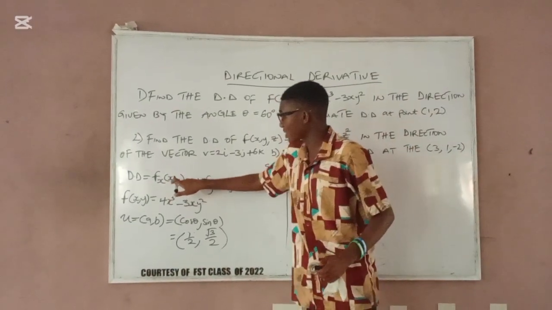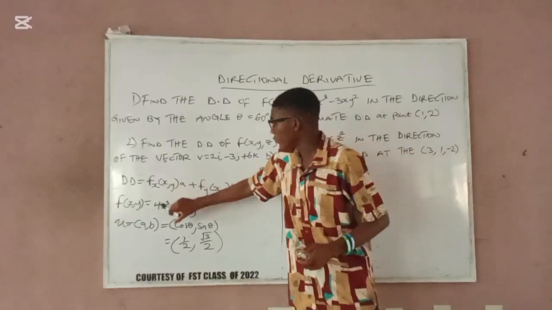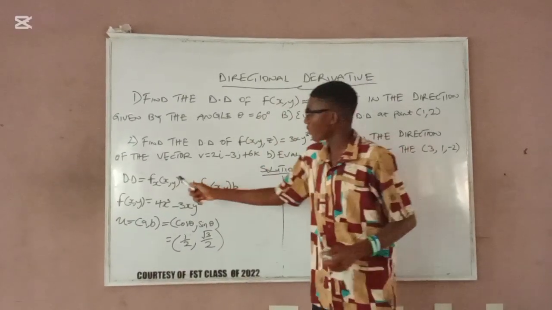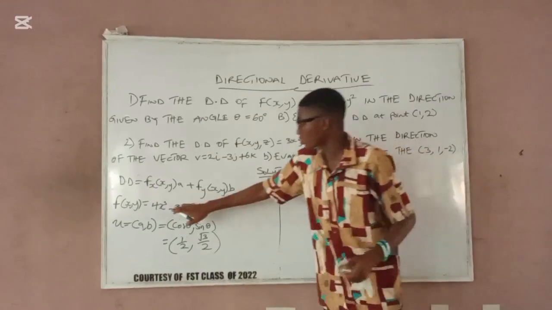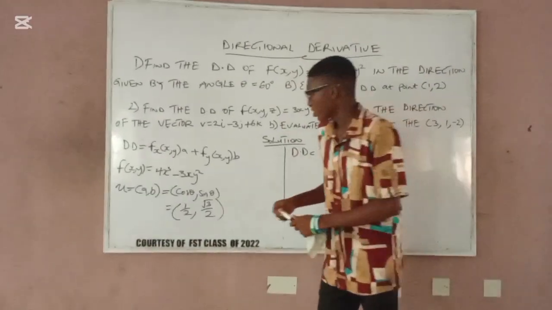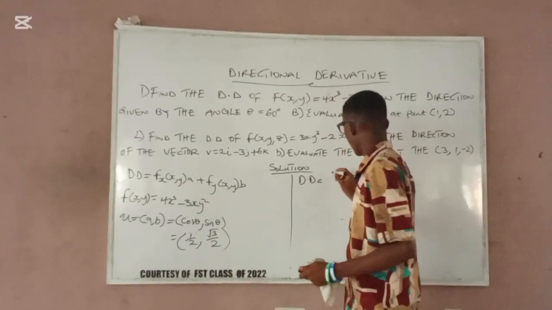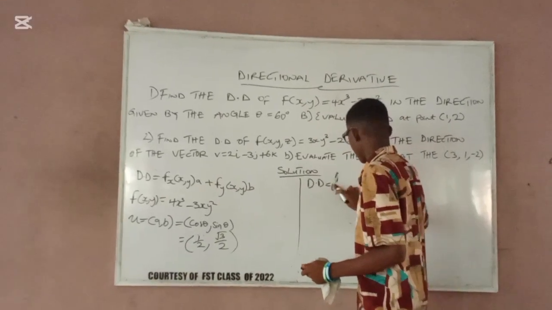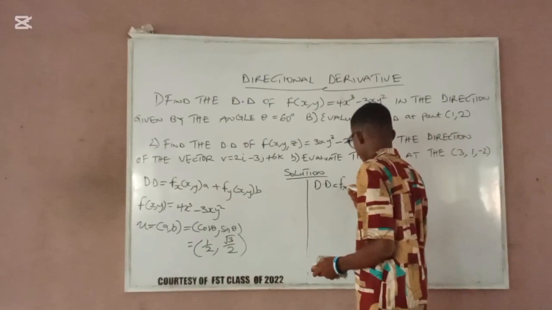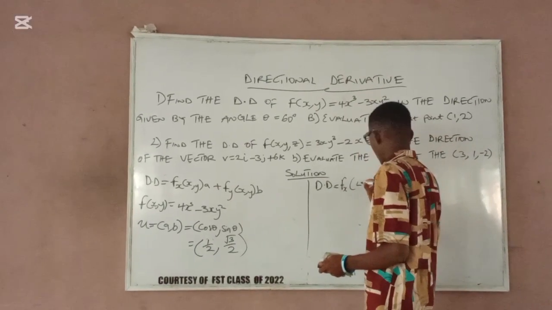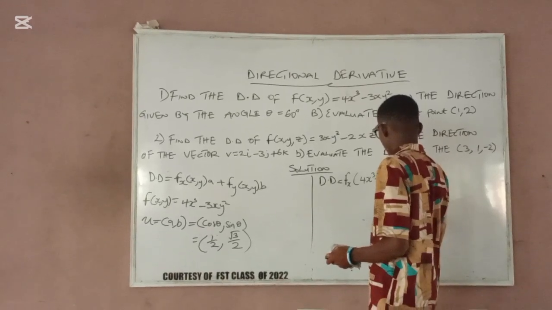F of x at (x, y) means we find the partial derivative of this function with respect to only x. For this function, we find the derivative with respect to only x. So f of x times a, plus f of y times b, where the function is 4x cubed minus 3xy squared.